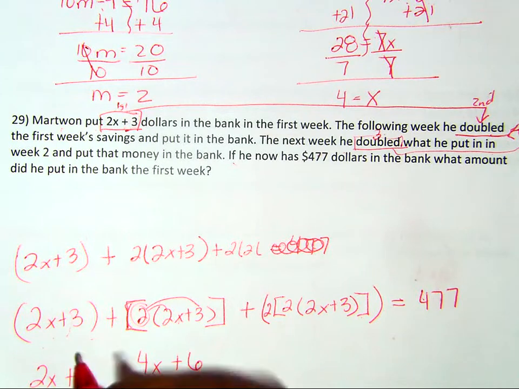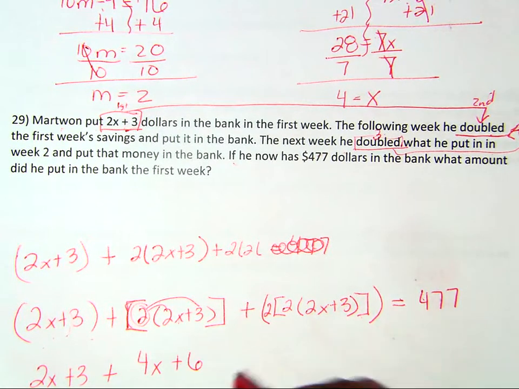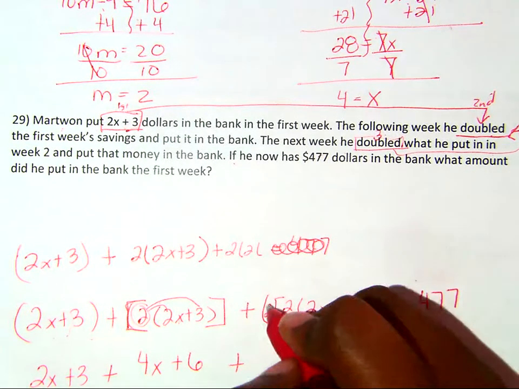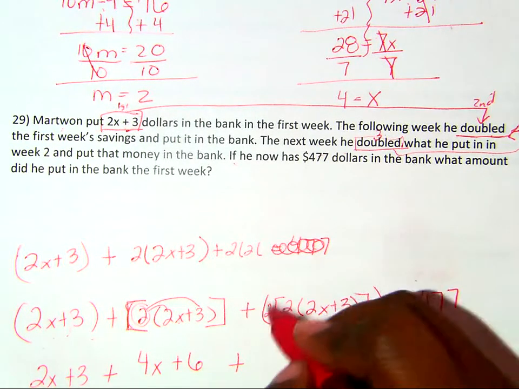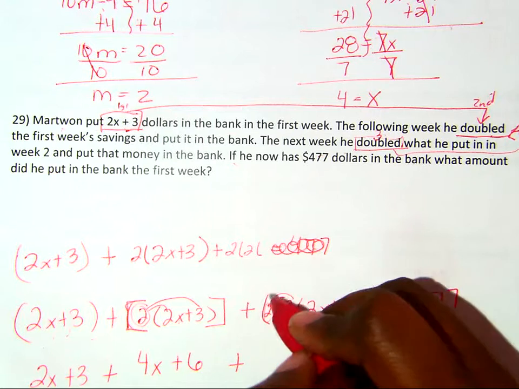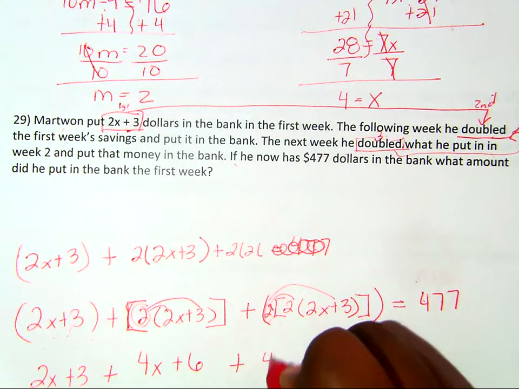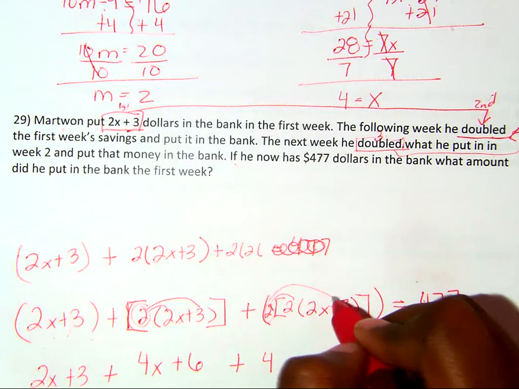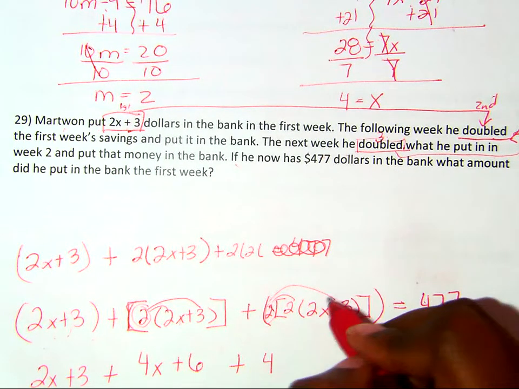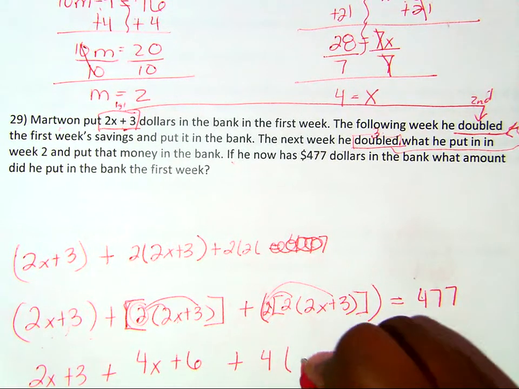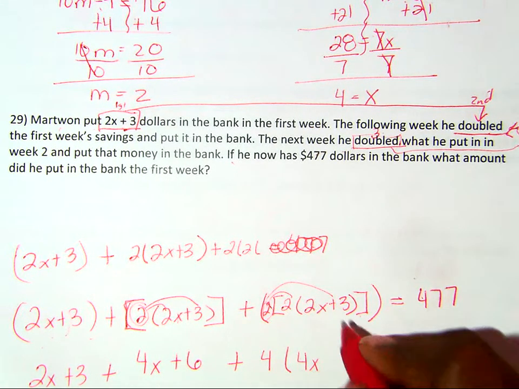We got 2. This here and here. So 2 times 2 is 4. And 2 times 2x is 4x. And 2 times 3 is plus 6. You can keep that.